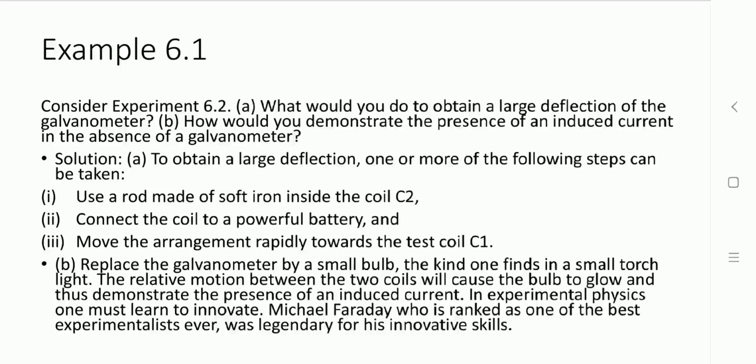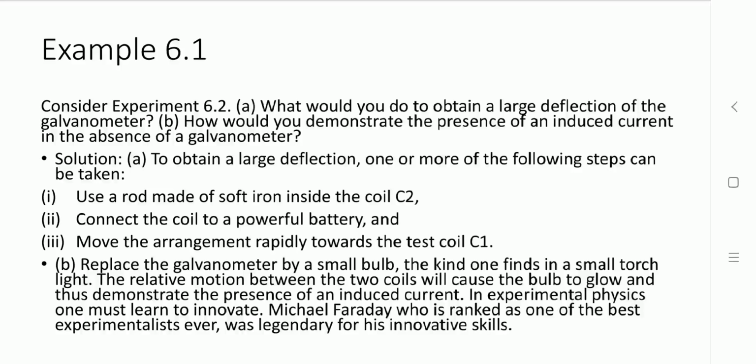Part B: how would you demonstrate the presence of an induced current in the absence of a galvanometer? If a galvanometer is not available, we need to observe whether current is generated or not. We can perform this observation by replacing the galvanometer with a bulb. If current is present, the bulb is on. If current is not available, the bulb is off.